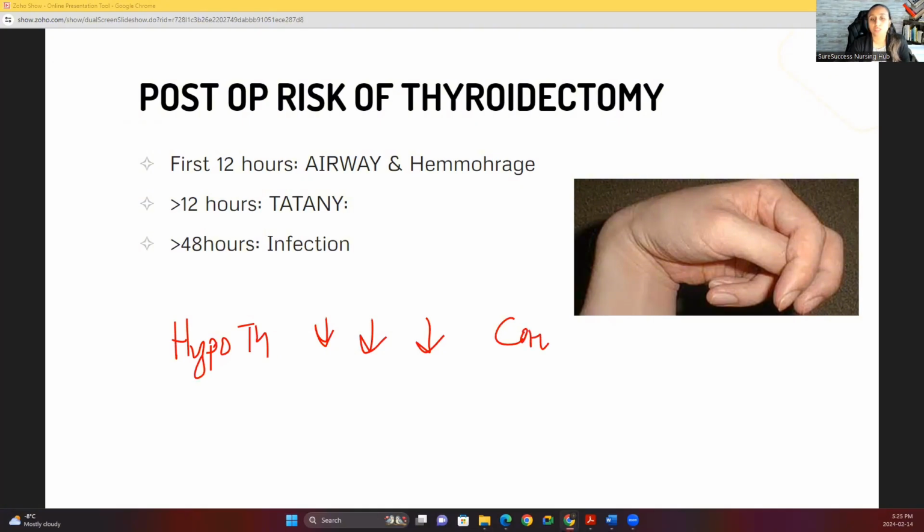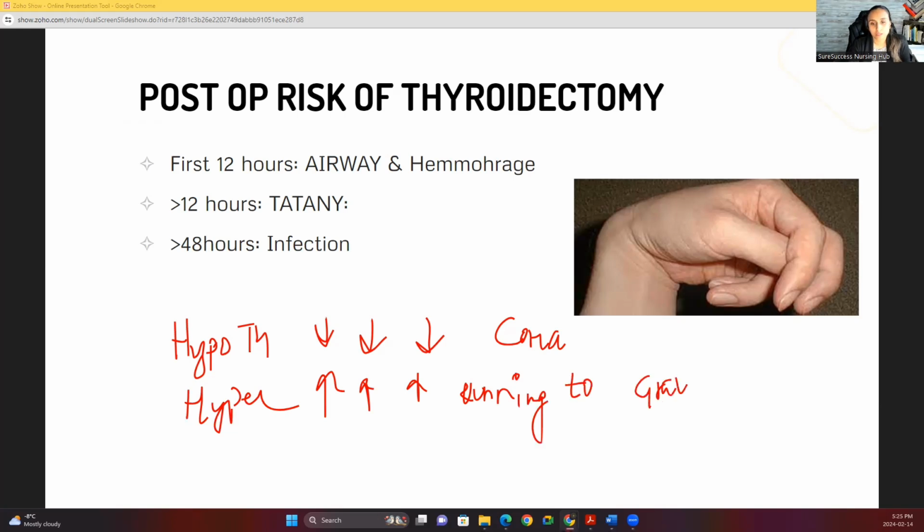We call it myxedema coma. In hyperthyroidism, everything will be high, so high that you are running to your grave. And then we call it Graves' disease. That is how you can remember. Running toward your grave because you are hyper and running.